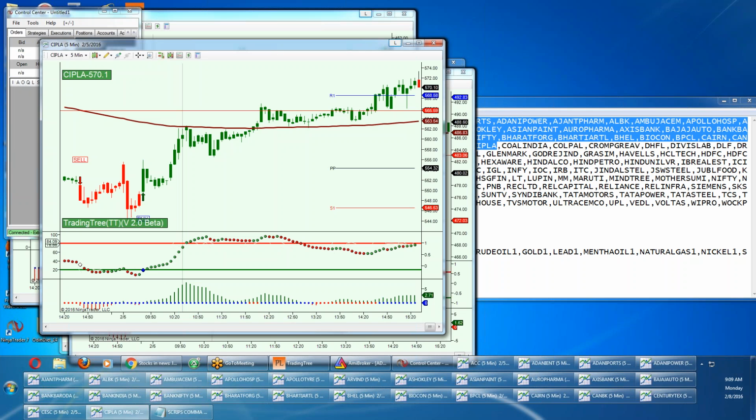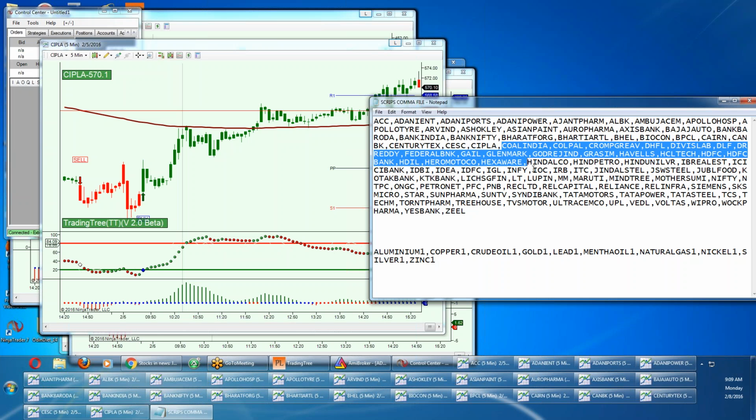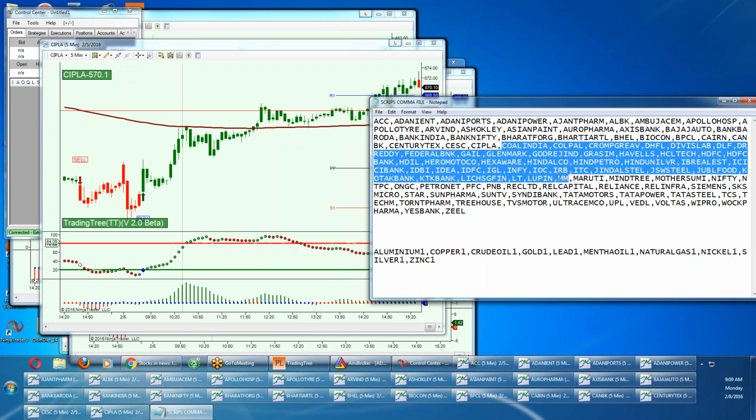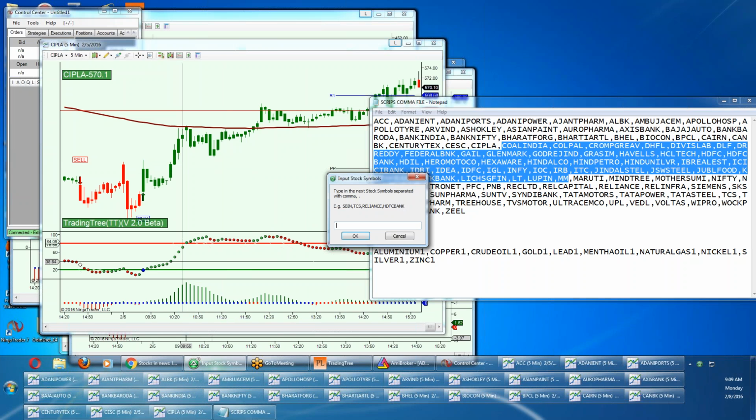That's done till Cipla. Now let me copy and paste. You'll be able to open 40 charts at a time, which is why I have not copied all the scripts.